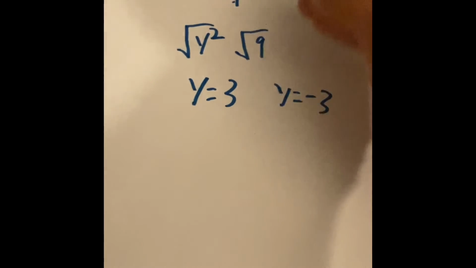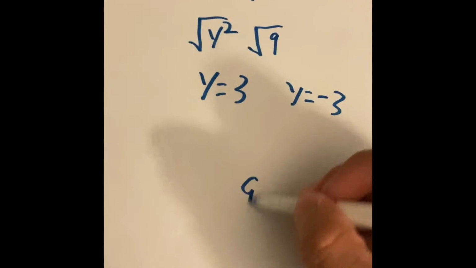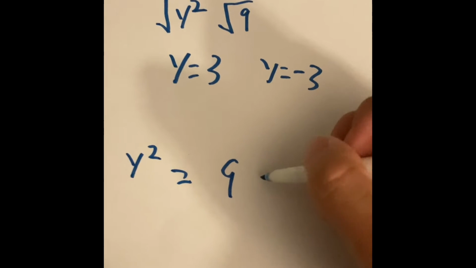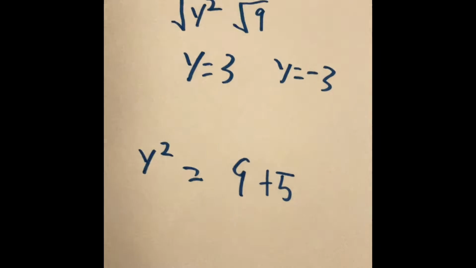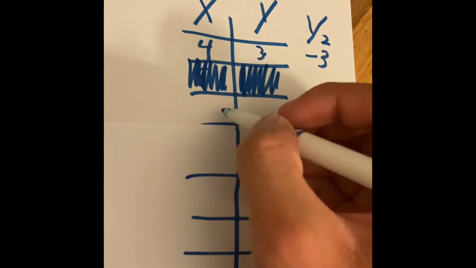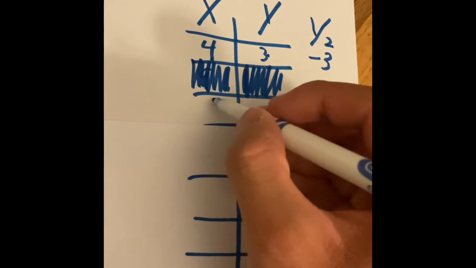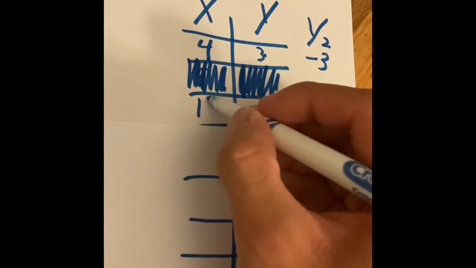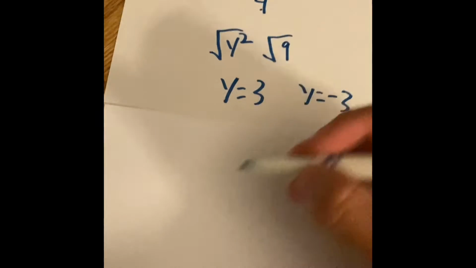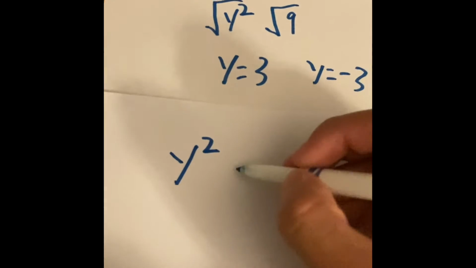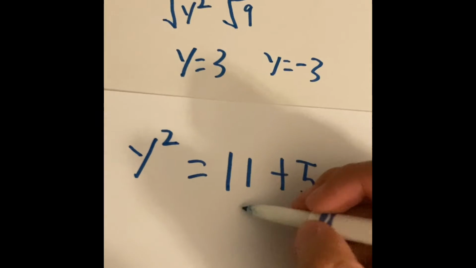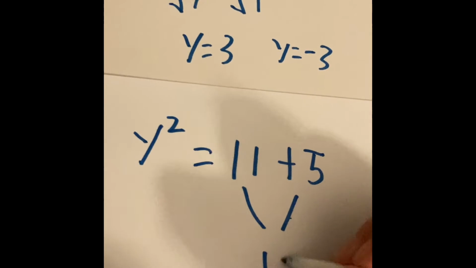If we insert 9 into x, we're going to get y squared equals 9 plus 5. Let's insert another number for x. So why don't we add 11 for x? When we insert 11 into x, we're going to get y squared equals 11 plus 5. So 11 plus 5 is going to be 16.